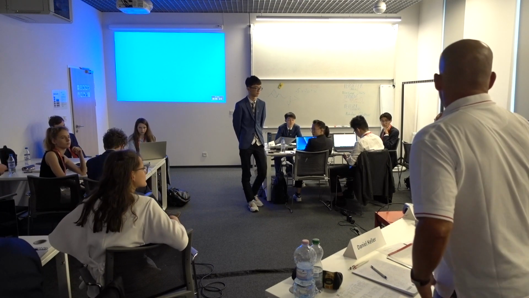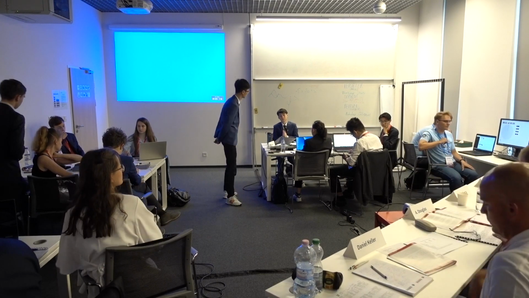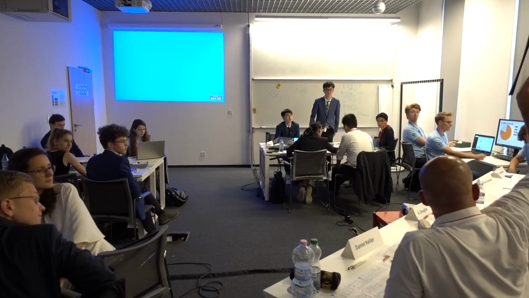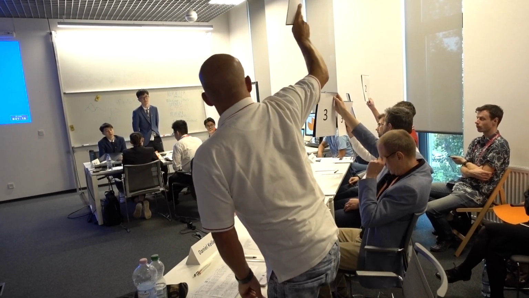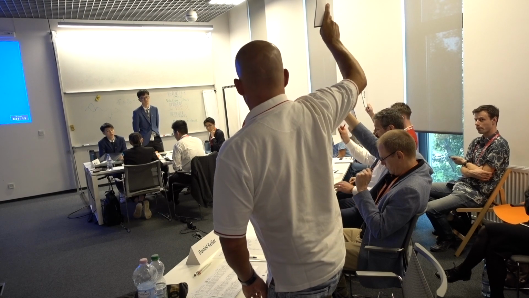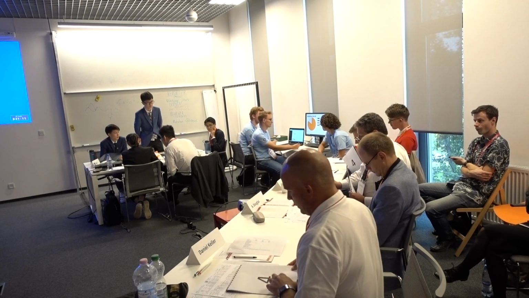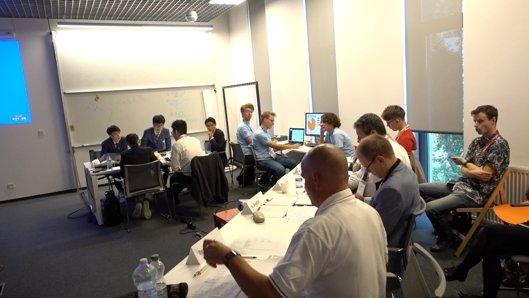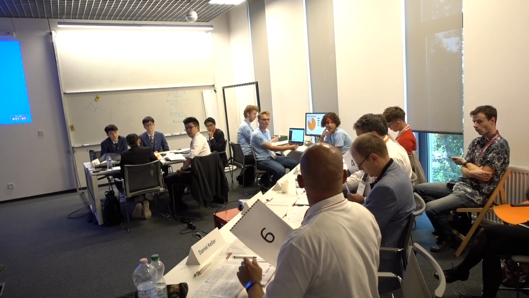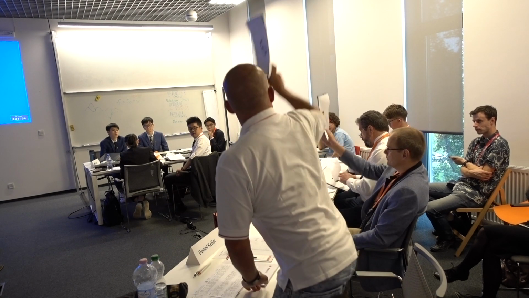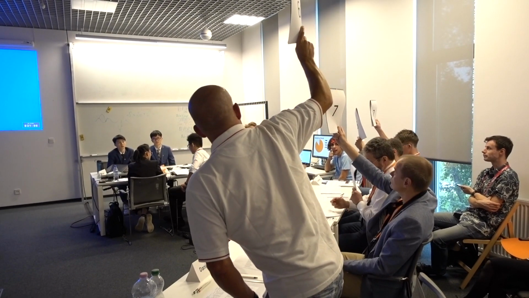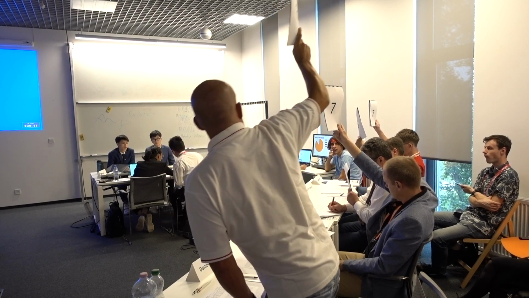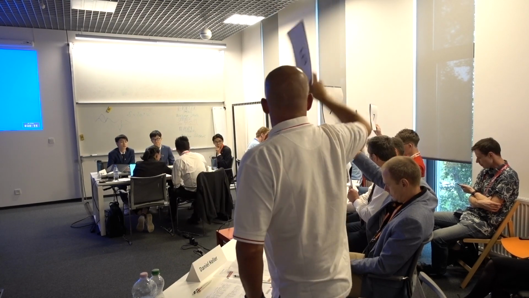Any more questions? All right, let's go to the next. We have a 4, a 3, a 3, a 4, and a 2. Then the marks for the opponent: a 6, a 7, a 7, a 6, and another 7.